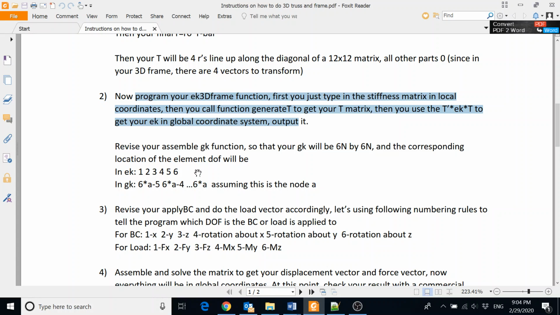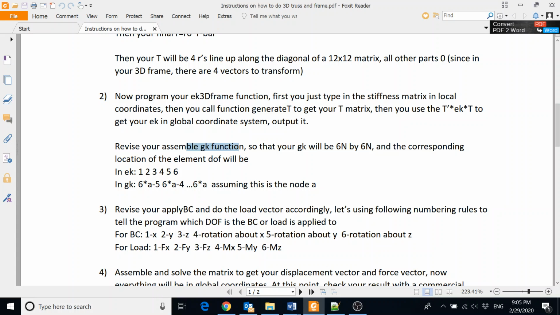But this document has much more. It talks about, from this point on, how you could revise and change your assemble GK function, or if you, like I said, just change that index thing, you can do this very easily from your 2D truss program.